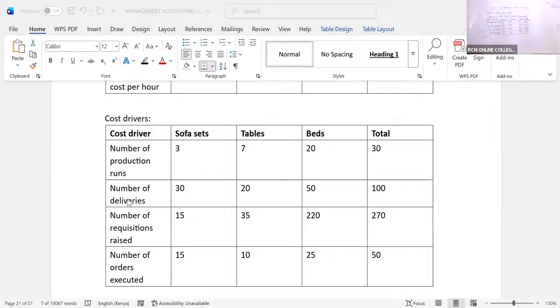And then, of course, there may be additional cost drivers, most probably machine hours, labor hours. For you to see whether there are additional cost drivers, go back to the overhead items that you are given.